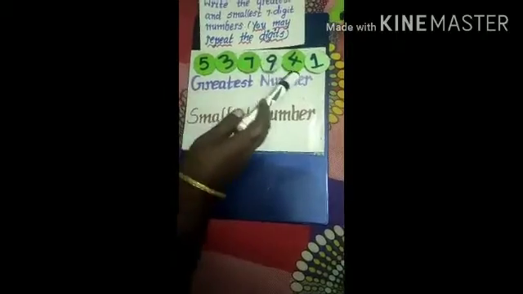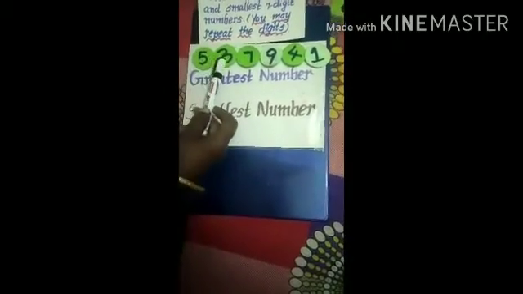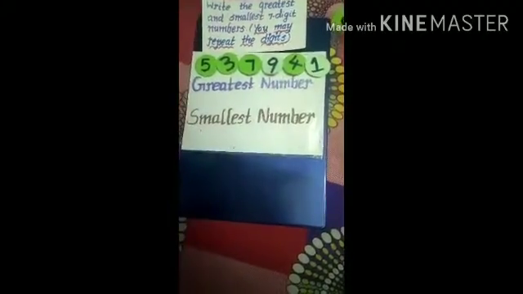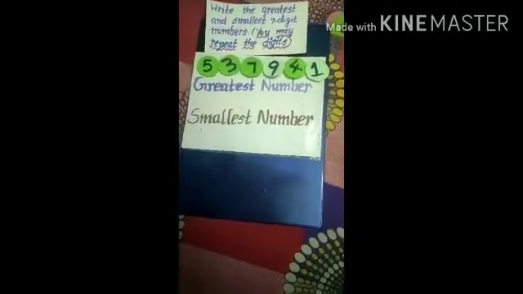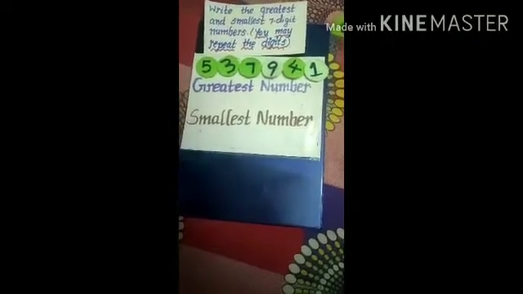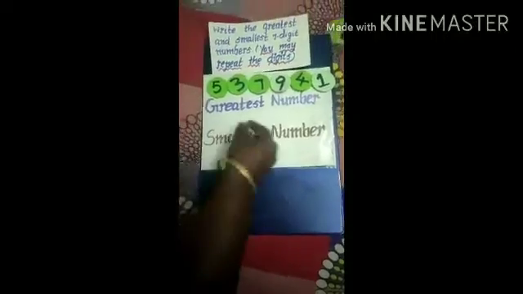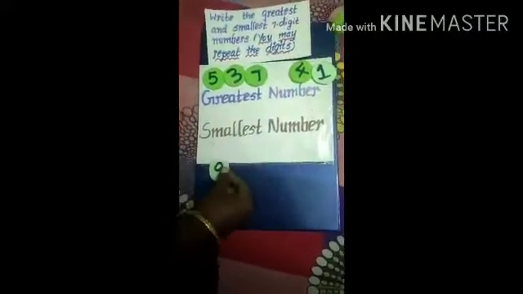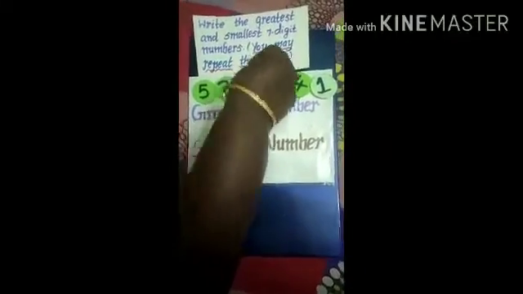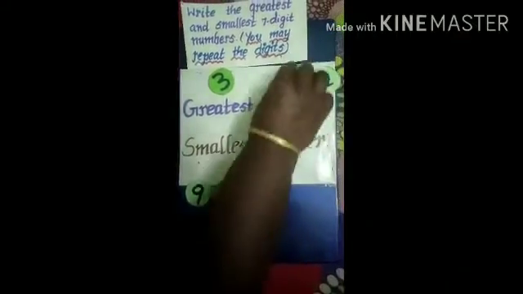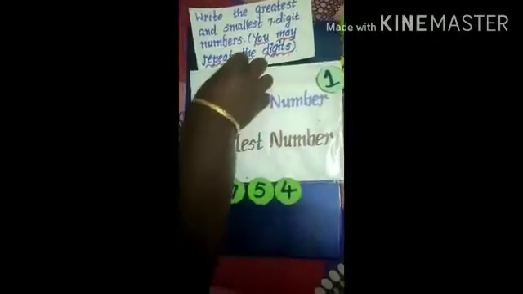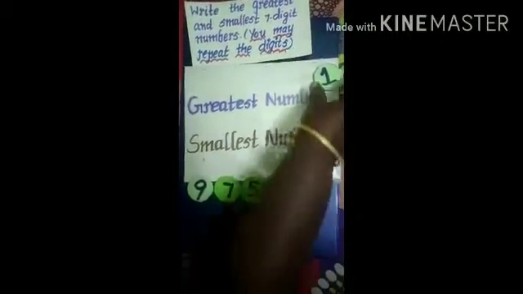Now see here how many digits are there. 1, 2, 3, 4, 5, 6. Using these 6 digits, we are going to form the greatest and smallest 7-digit number. Let us see how. So to form the greatest number, I have to arrange in descending order. That is big number to small number. So now I am here arranging 9, 7, 5, 4, 3 and 1.